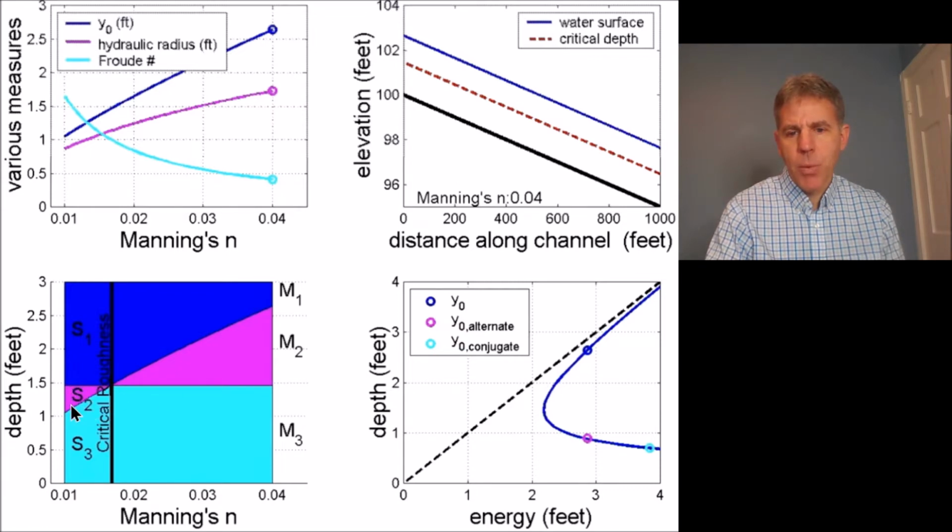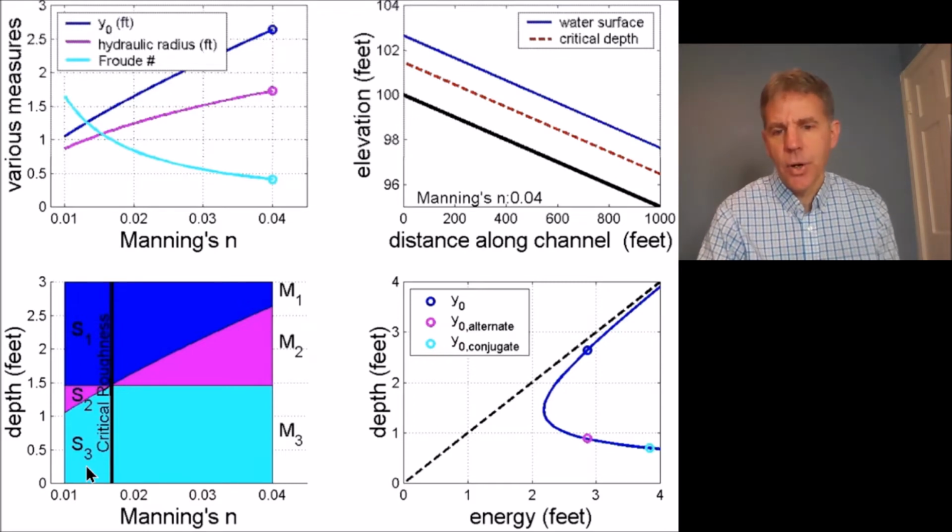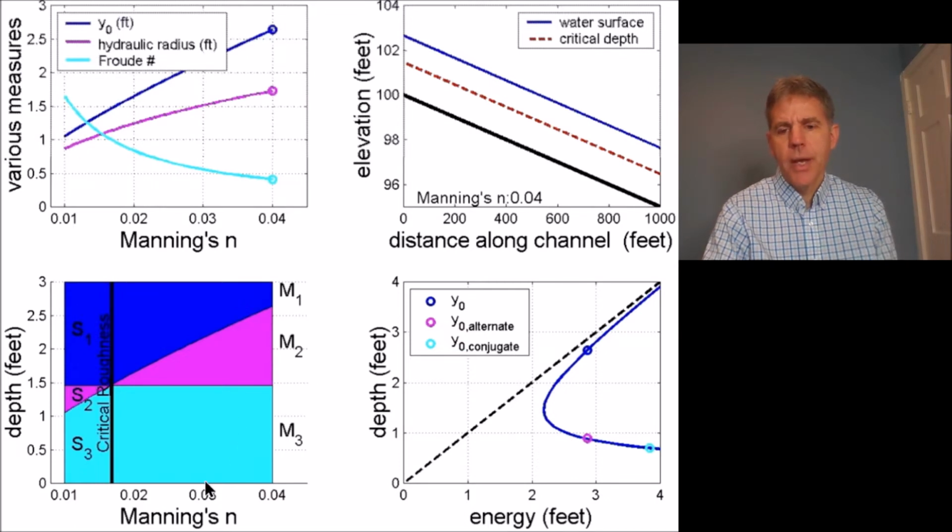Critical depth is about 1.5, so once we go less than that, then we're supercritical on an S2 curve, and if we get shallow enough, then it's an S3 curve. And you should note that this long apparently diagonal line here is actually exactly the normal depth that's shown in this upper graph.